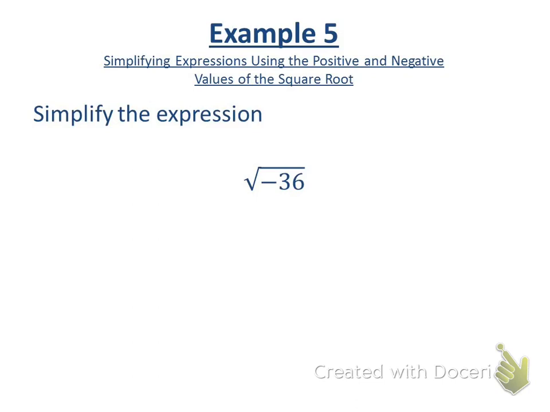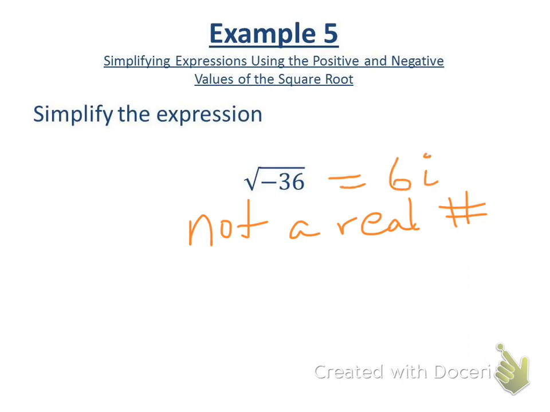The real numbers are the square roots of all the positive numbers, and the imaginaries are the square roots of all the negative values. So this is an imaginary number. Here's what I would want you to write: not a real number. If you run across this on a test question or a quiz question, write not a real number. The answer is 6i. That's the imaginary value.